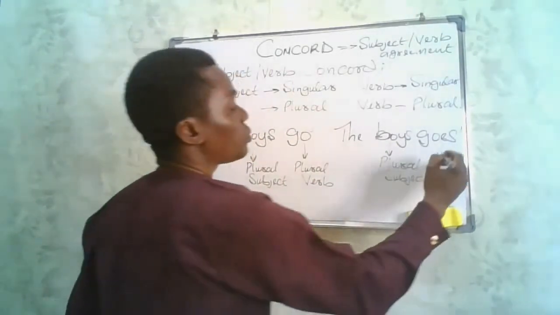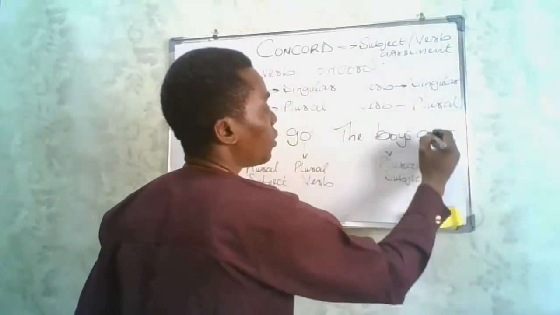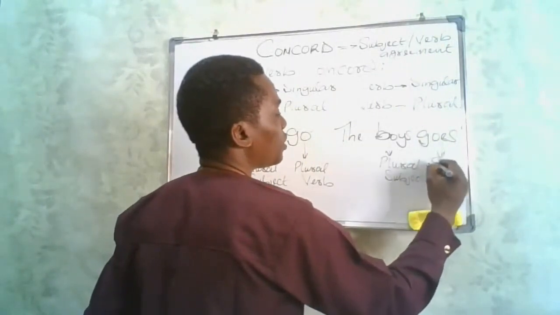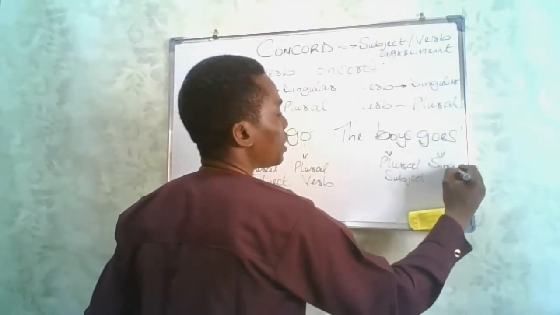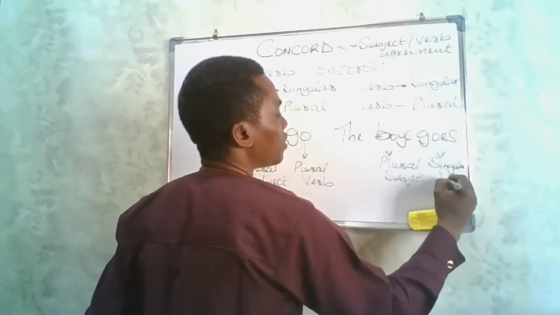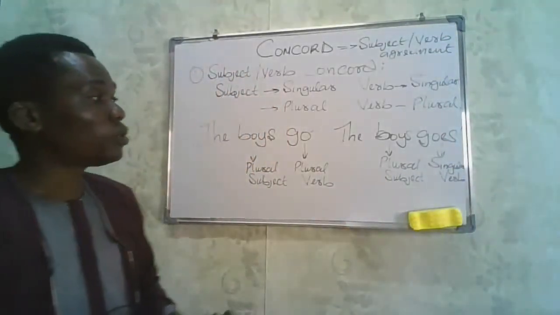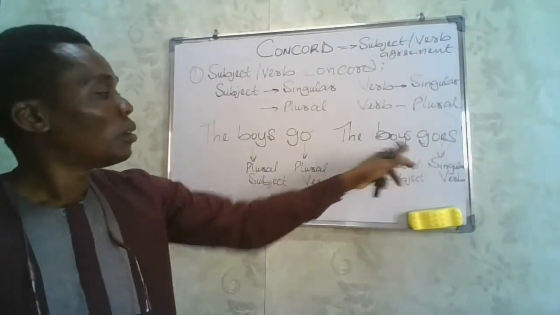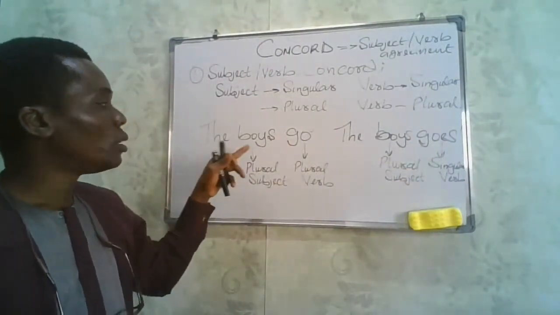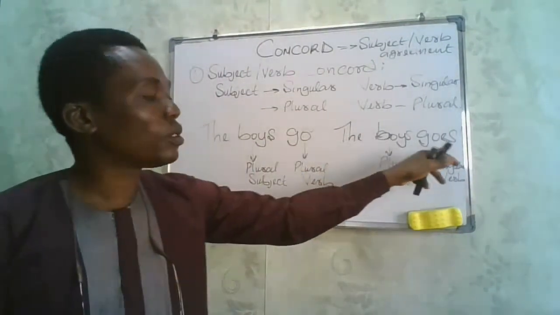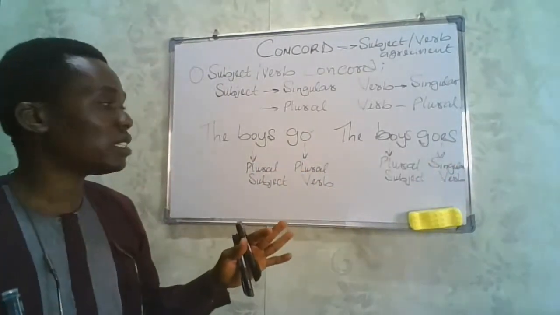This is a plural subject, and it should go with a plural verb, but the verb is what? The verb is singular. So you see, this won't work, but this works. So the boys go and the boys goes are two different sentences.